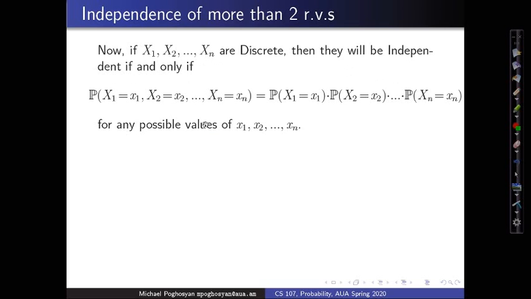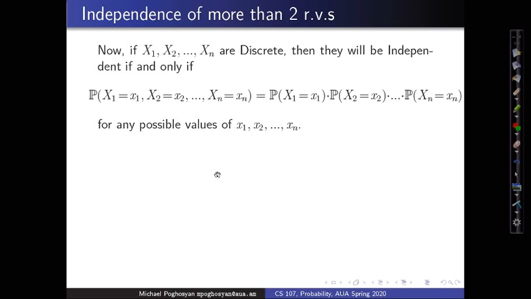Okay, now after the definition of mutual independence, let me write that in the case of discrete random variables in terms of the joint PMF, and in the case of continuous random vectors in terms of the joint PDF.